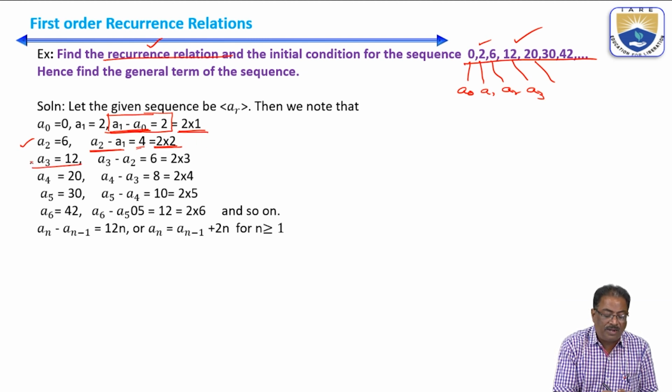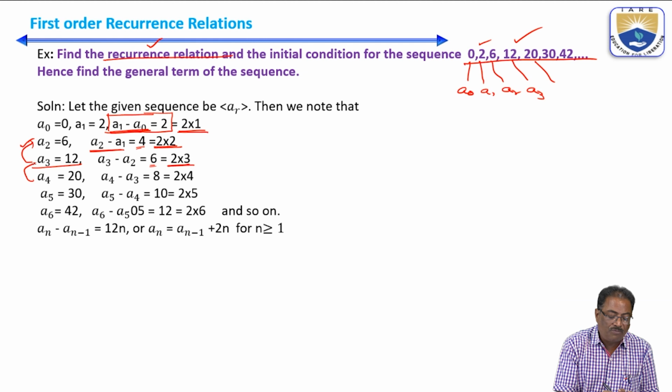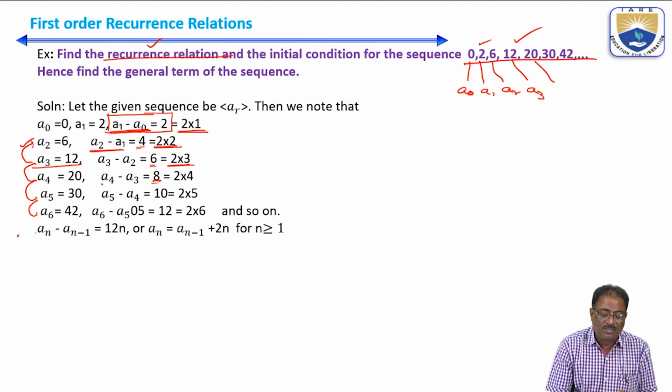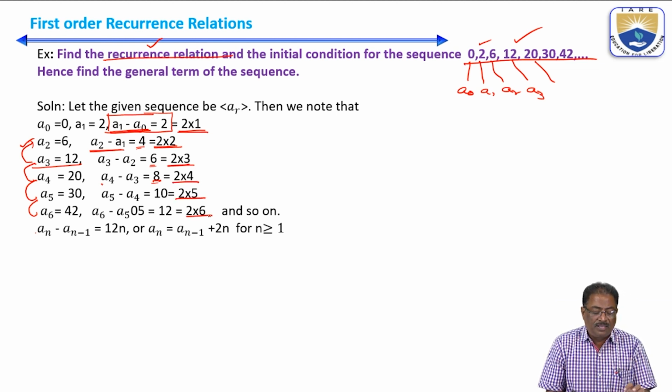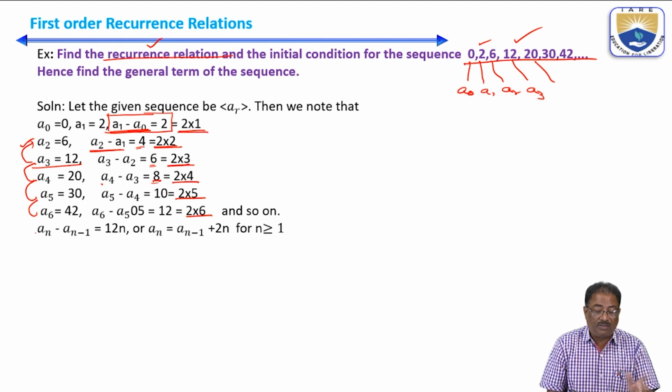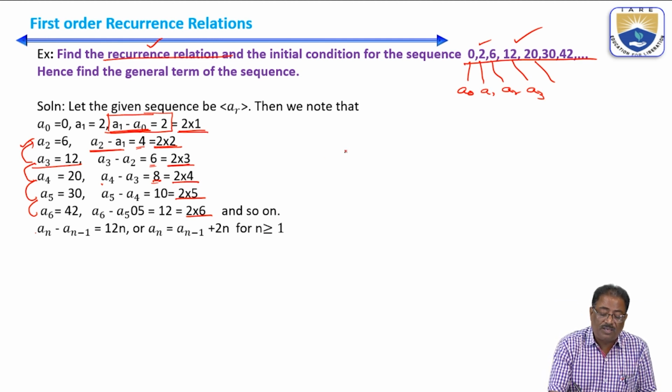Next, A3 will be there. Now A3 minus A2. So 6 I am going to write. 6 can be written as 2 into 3. Then A4 minus A3, then A5 minus A4, A6 minus A5, like that. So just observe all of this. What is the relation between two successive terms, the difference between two successive terms?